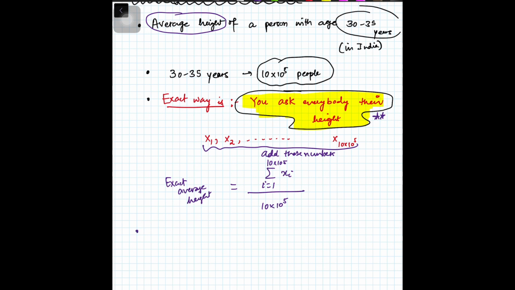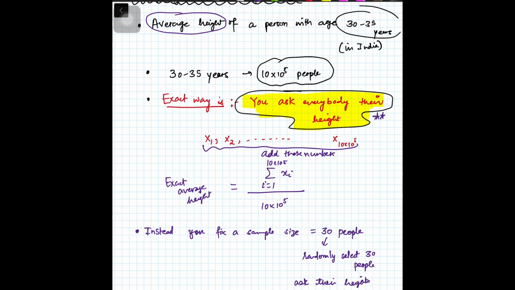Instead, you fix a sample size. You say, okay, I can't ask everybody, but I'll ask, say, 30 people. So I will randomly select 30 people and ask their heights.